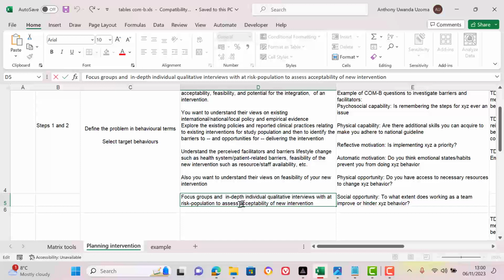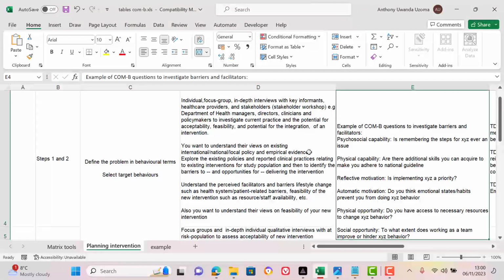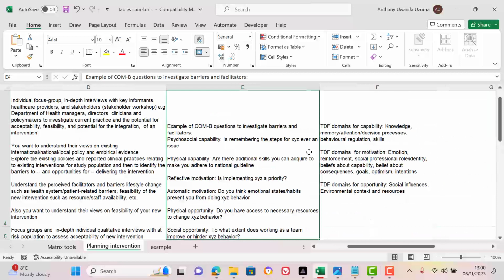As you are doing this, remember you have your COM-B model and your TDF domains. These are the kinds of questions you can ask. For example, like I told you, capability in the COM-B model has two types: psychological and physical capability. You can ask questions like, is remembering the steps a problem?